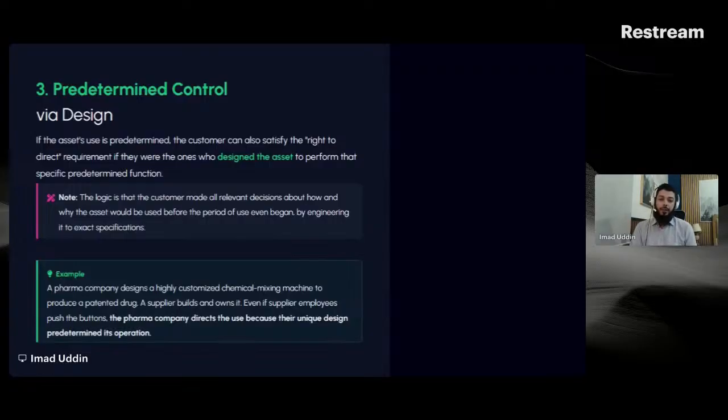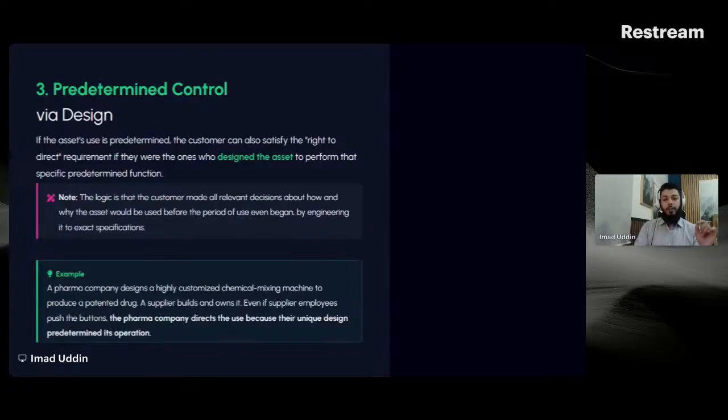So the logic is that the customer made all the relevant decisions about how and why the asset would be used before the period of use even began by engineering it to exact specifications. So a pharma company designs a highly customized chemical mixing machine to produce a potential drug, let's say. A supplier builds and owns it, right? The supplier has built the machine, the supplier owns it, and let's say the supplier also operates it.